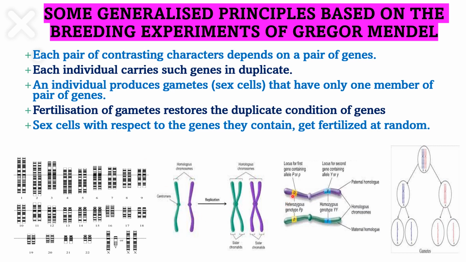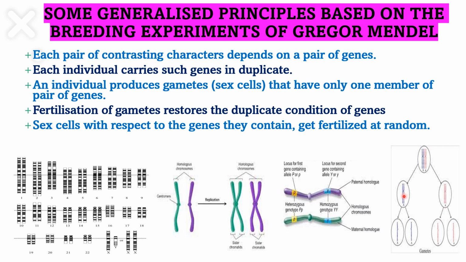Here you can see each pair of contrasting characters depends on a pair of genes. Yes, these genes will be in duplicate. Each individual carries a particular type of genes in duplicate.